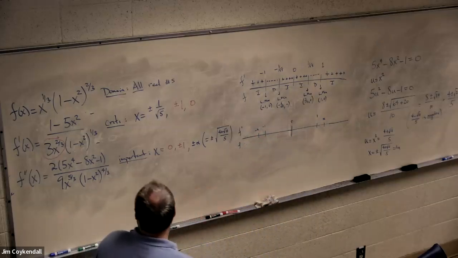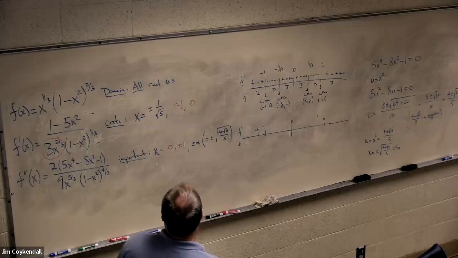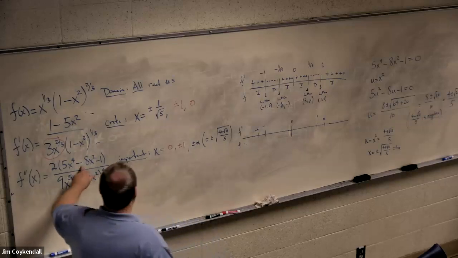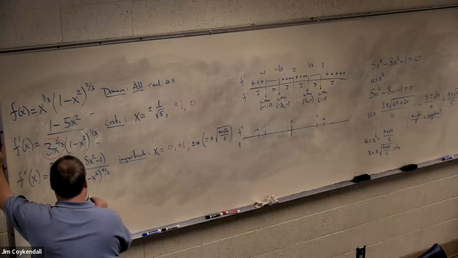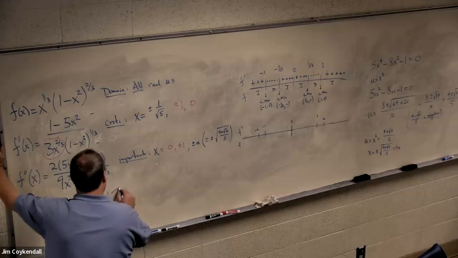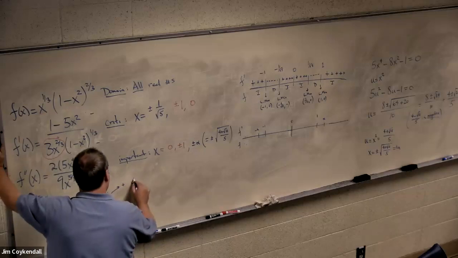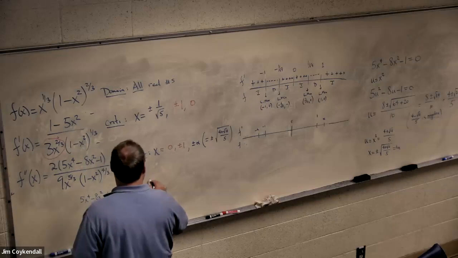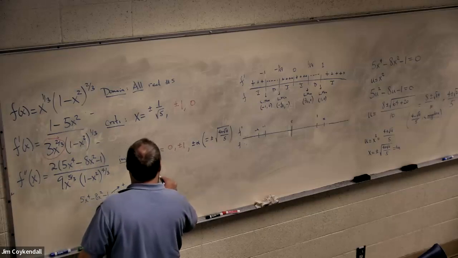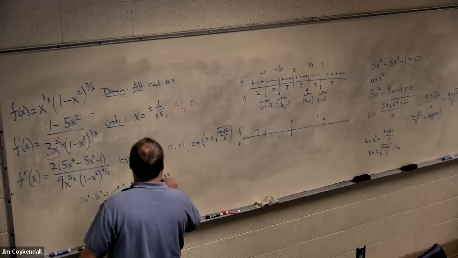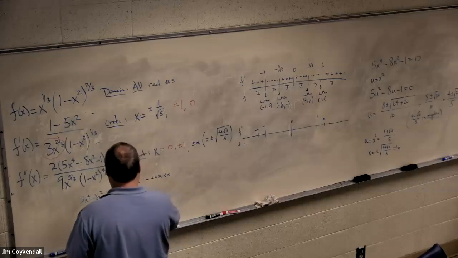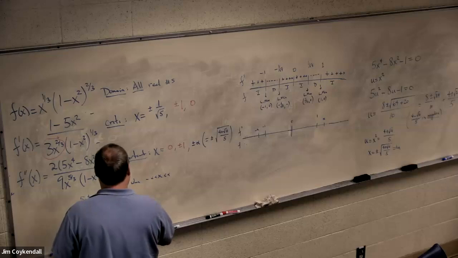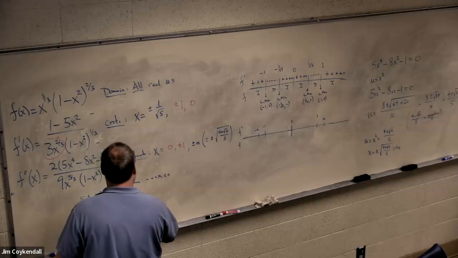Let's see what I get when I analyze. Let me do what I did before. This thing right here is positive when x is between minus alpha and alpha, where the roots are, and it's negative here, and positive otherwise.